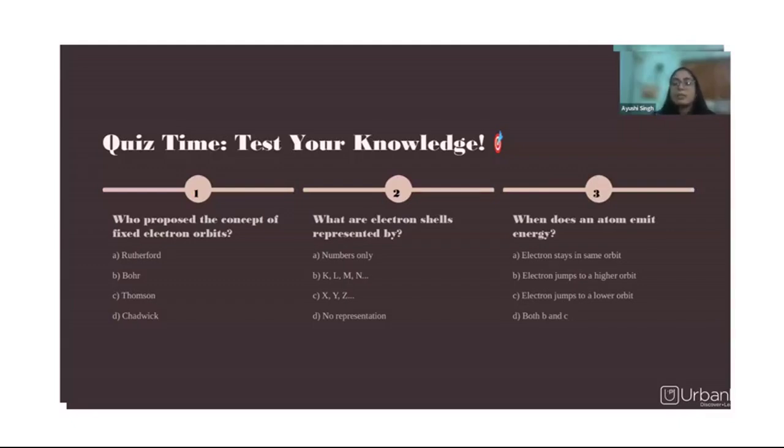The second question is: what are electron shells represented by? Is it numbers only? Is it K, L, M, N, X, Y, Z? Or no representation at all? The third question is: when does an atom emit energy? When the electron stays in the same orbit, when the electron jumps to a higher orbit, or when the electron jumps to a lower orbit?